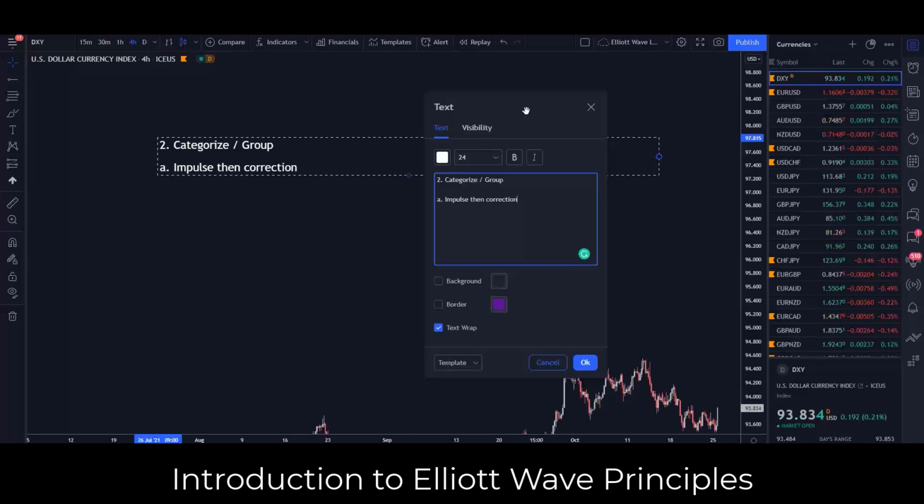So the first category is impulse, then correction. The second category is impulse, then impulse, so basically two impulses together. And the third category is impulse, then crawl. I just give it another name, but essentially crawl is also a correction.